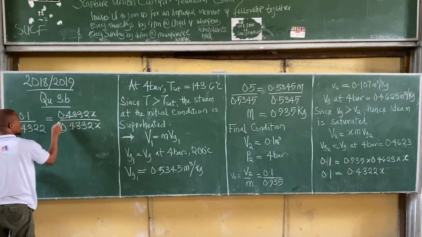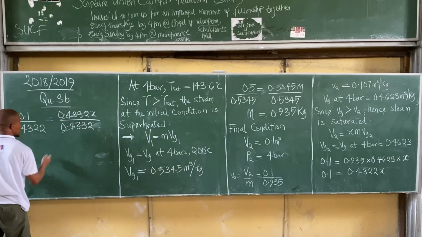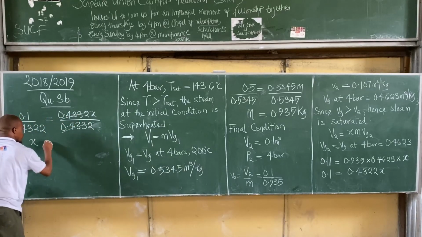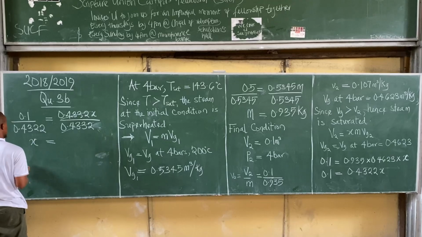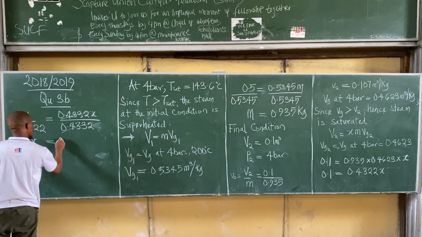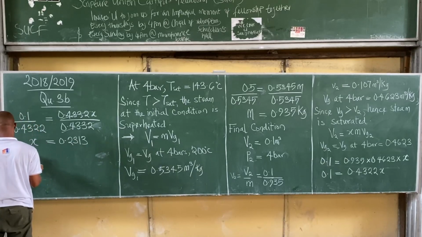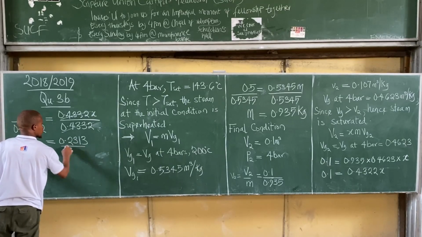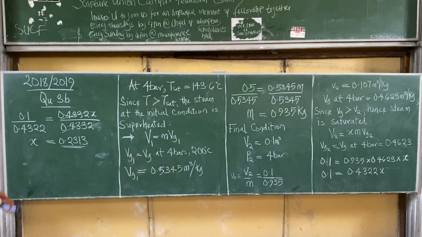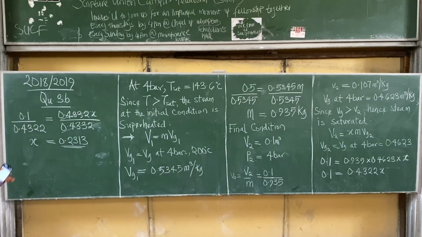This cancels out. By the coefficient of x, this cancels out, and x is left. Therefore, 0.1 divided by 0.4322 gives us 0.2313, right? This gives us our dryness fraction or final quality of the steam.